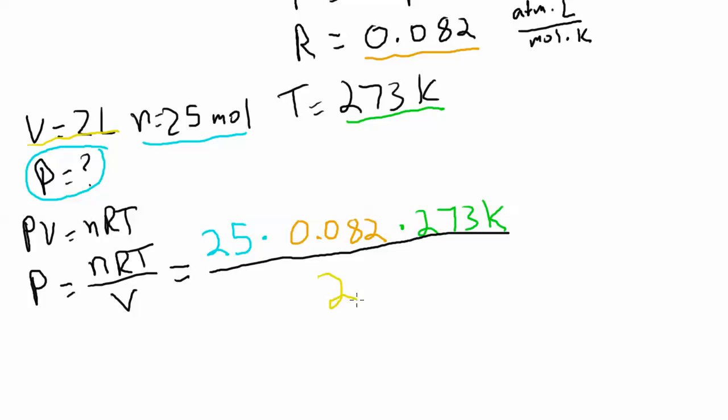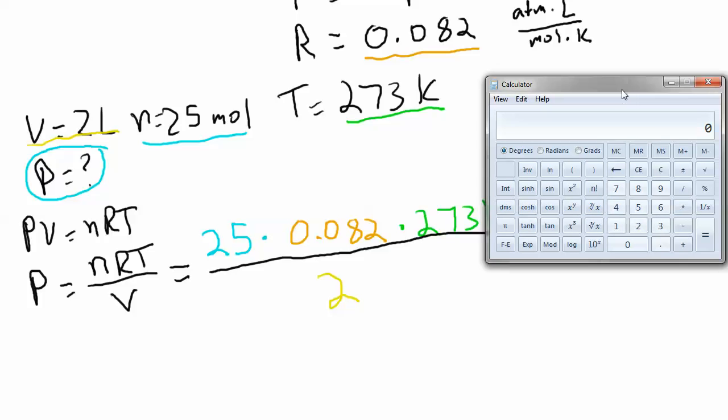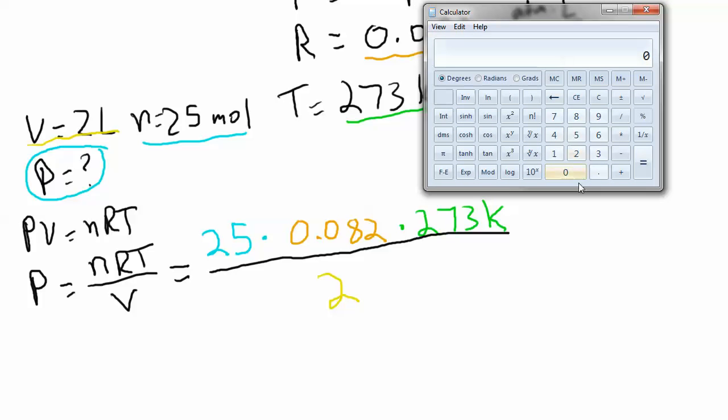So 2. So let me pull up my calculator really fast here, and I'll show you how I would enter that in. There's my calculator. Okay, so I've got 25 times 0.082 times 273 divided by 2.